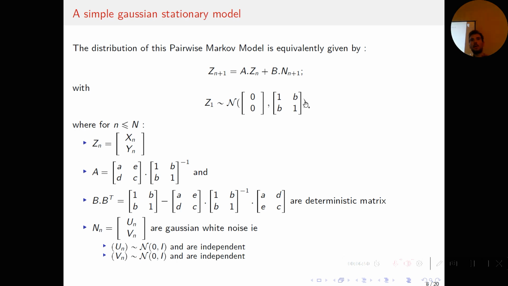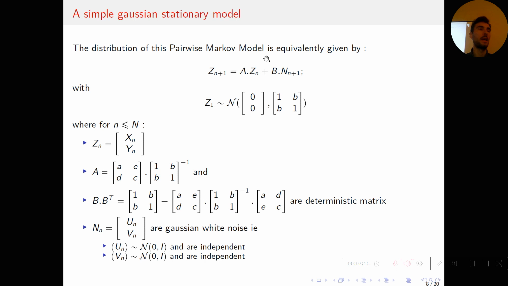So let's focus on another formulation of our model. Our model can be equivalently given by a linear relation. Our process at time n+1 is a linear combination of our process at time n and a Gaussian white noise.